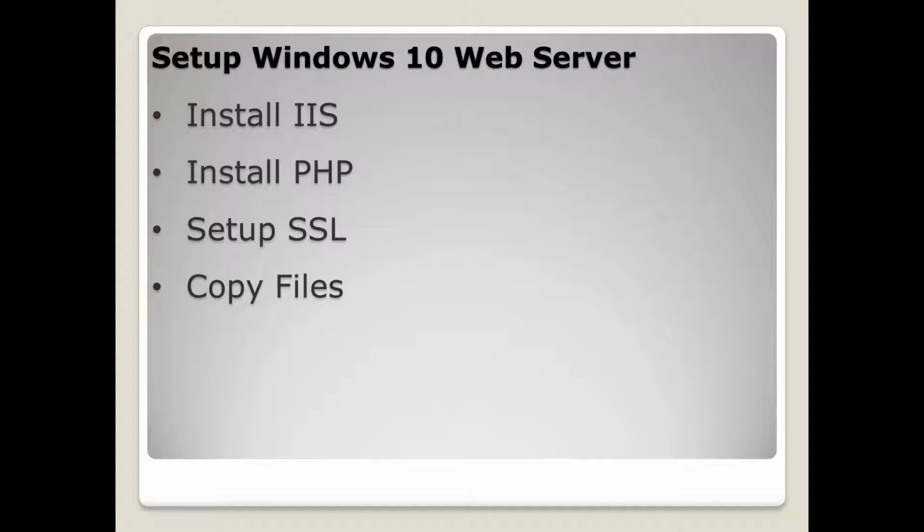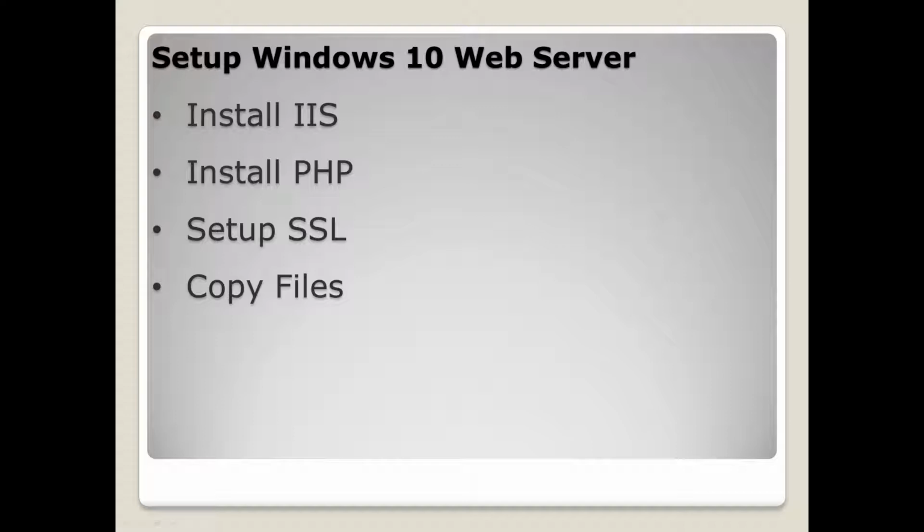And I know that's technical jargon and you're probably not a techie and you might not even know what any of those words mean, but I'm going to do it in the video and you can follow along step by step as I go, and hopefully you can just click the same buttons I'm clicking and get it done. And if not, you can always bring in somebody that is more of a techie and they can help you get this done. Now, if you're using a web server that's already set up, really it's just a matter of copying and pasting the files as long as it has a SSL certificate.